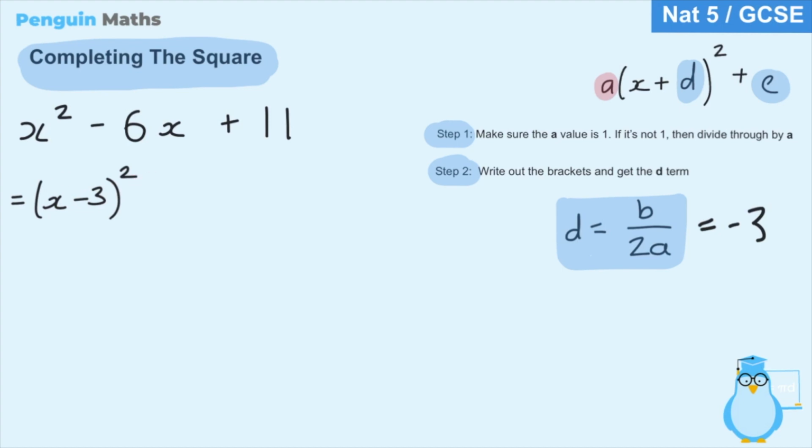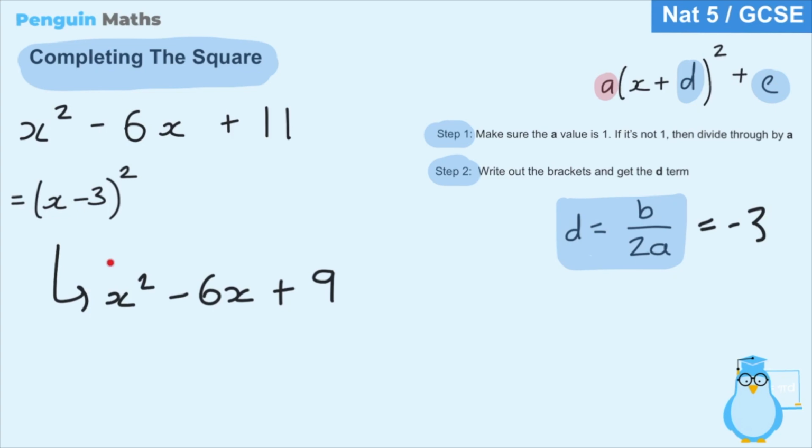Now this is the reason that we had step 1 and step 2. Step 1 we said a had to be 1, and this d value is equal to b divided by 2a. The reason that's the case is because let's say we wanted to multiply out this set of brackets. What we would have would be x squared minus 3x minus another 3x, which would be minus 6x, and then 3 times 3 is plus 9.